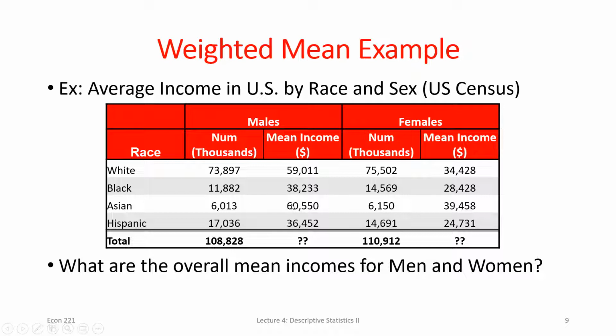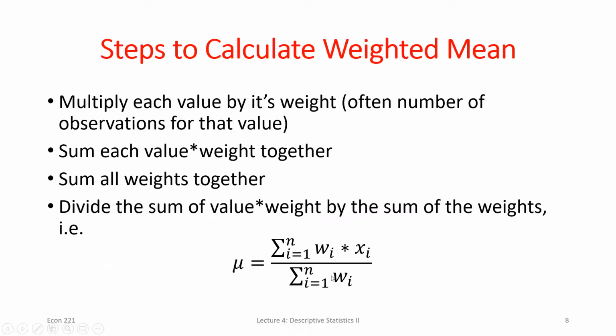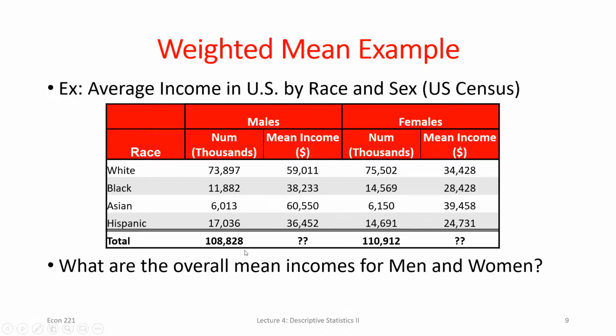So I can use these values and then the number of people that were used to calculate those income values as my weights. Now, one nice thing here is I already added up the weights for you, which should just be the value I want for my denominator. You can think about the sum of the weights as the number of observations in the original data set before it was grouped.